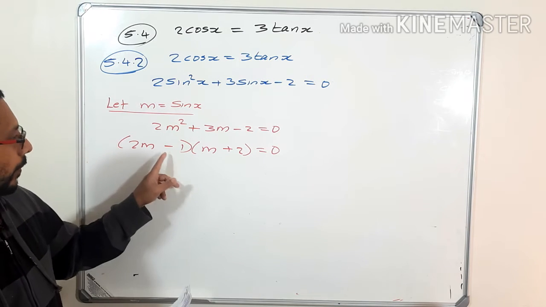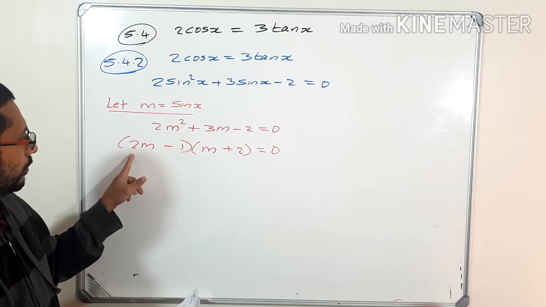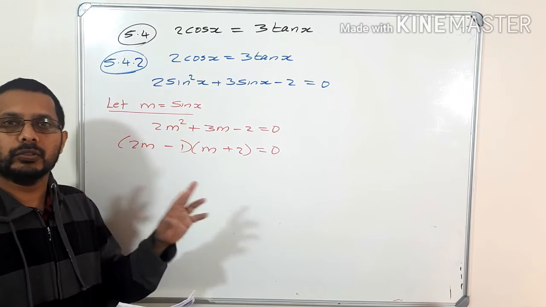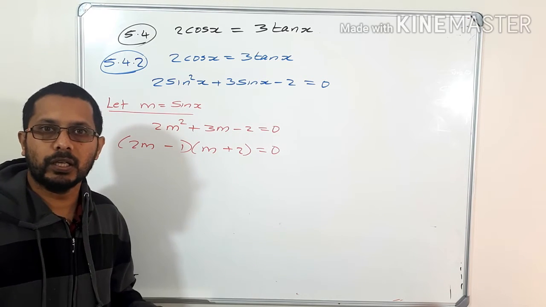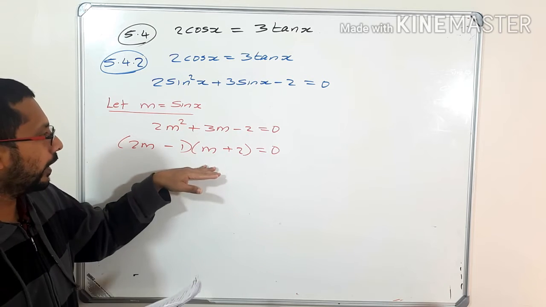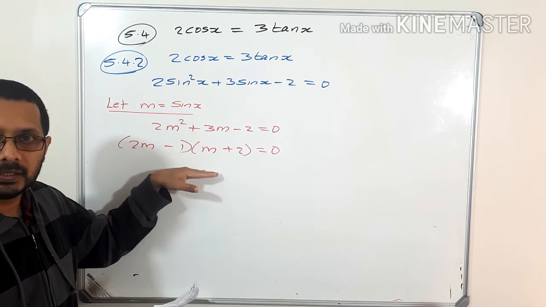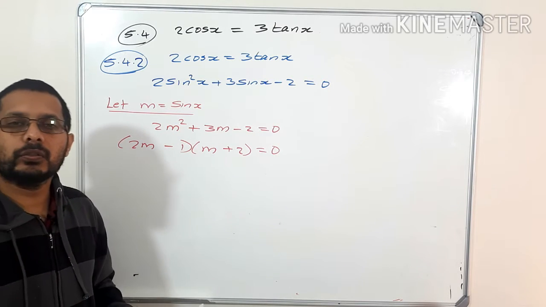So minus 1 into 2 is minus 2, minus m, 4m minus m is 3m. If you want to know more about this, there is another lesson on my YouTube channel, so you can look at that lesson and try to understand how to factorize like this. So 2m minus 1 into m plus 2 is equal to 0.